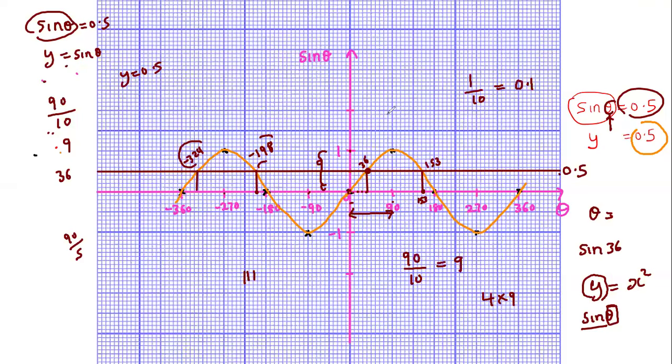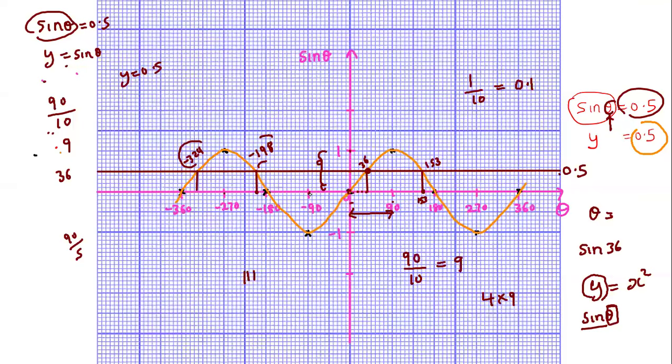Good morning, sir. When I put sine of negative 198, I get 0.3090.